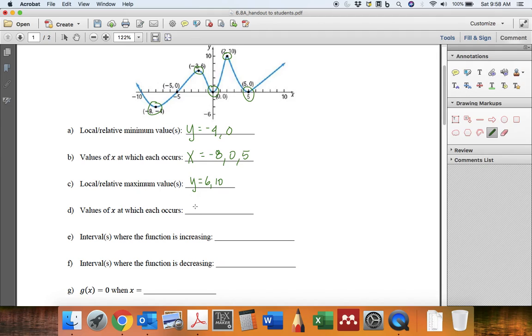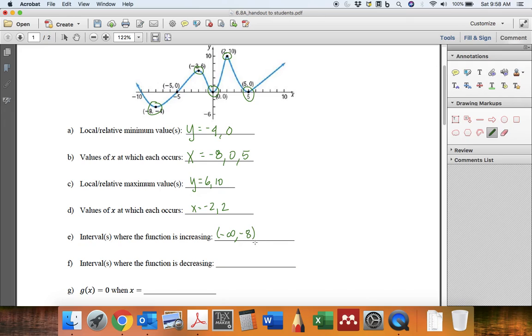Those occur at -2 and +2, respectively. And so now this function is increasing from -infinity up to x equals -8.